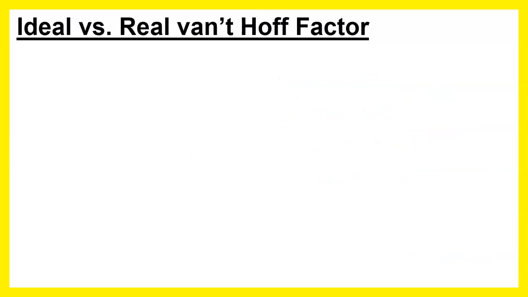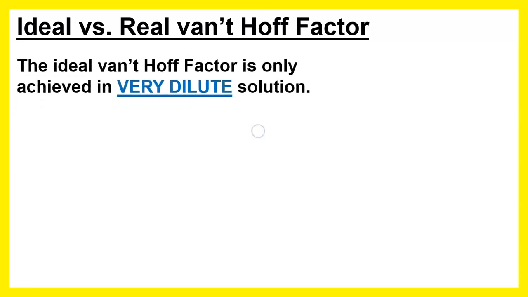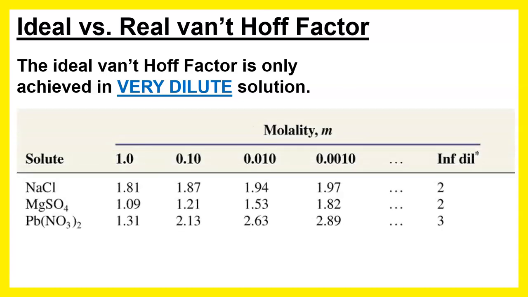Now, in real life, the Van 't Hoff factor, just like everything we do, is a simplification, right? It's pretending everything is ideal and perfect. And in real life, the Van 't Hoff factor only really works if your solution is very dilute. The more concentrated it gets, the less perfect it is. So you can see in this chart, if you had a perfect dilute solution, everything was ideal on the right hand side, yes, your Van 't Hoff factor for sodium chloride would be 2.